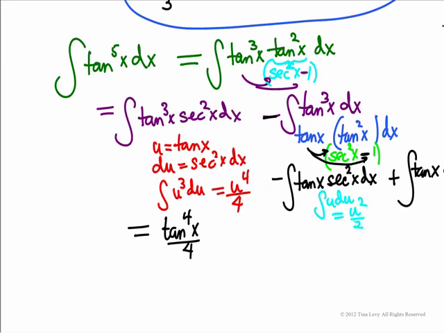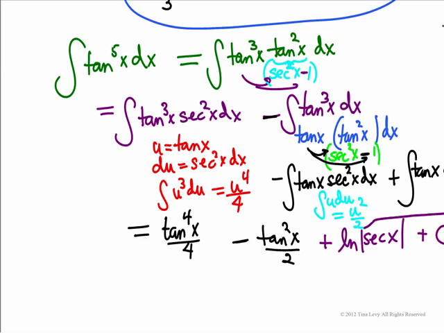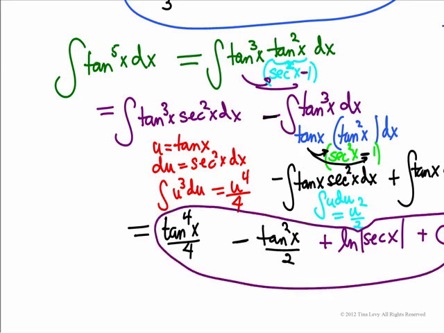So that gives us minus u squared over 2, tangent squared x over 2. And we memorize this antiderivative is log of secant x plus a constant. And so sure enough, that's the answer for the tangent x to the odd power, to the fifth power.